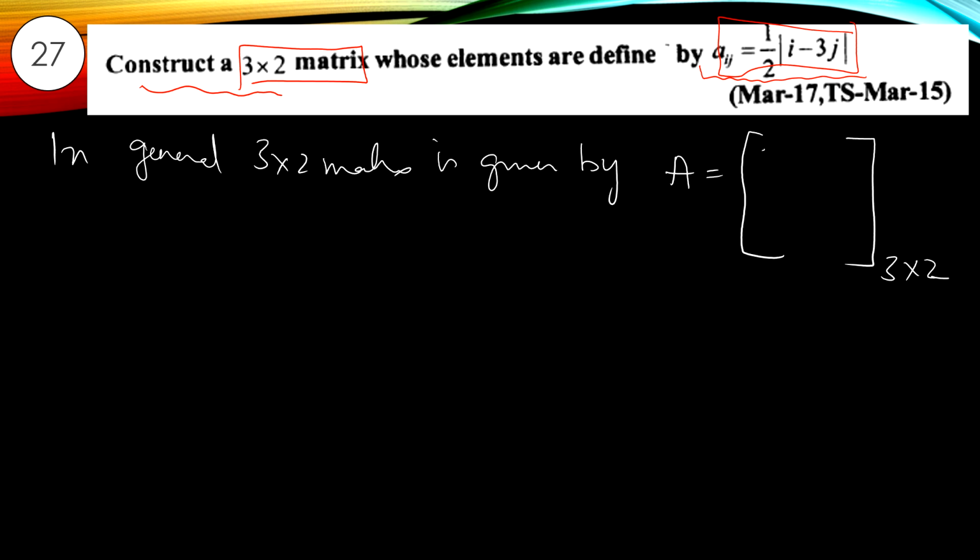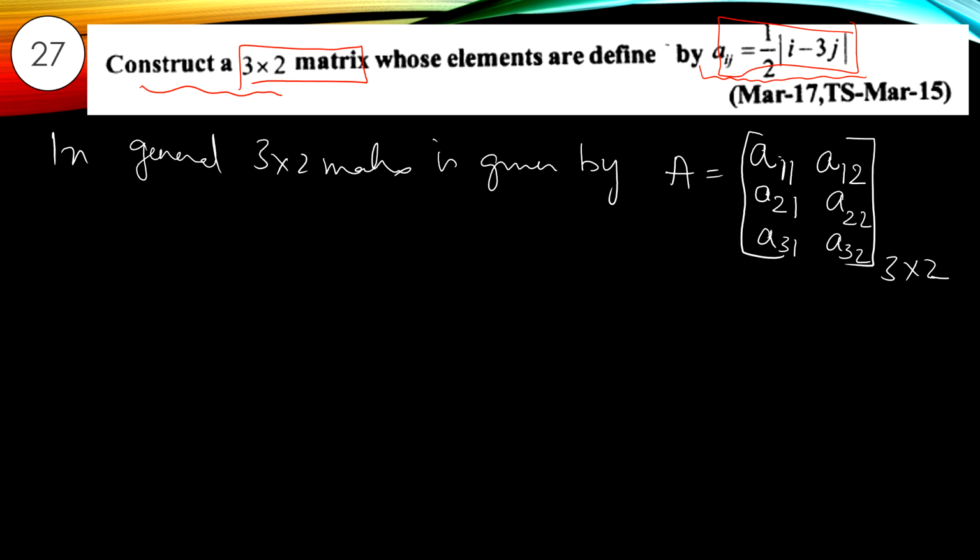So instead of Aij, the first element I can call the first row, first element, A11. The first row, second element is A12. And here it's the second row with the first element, A21. This is the second row with the second element, A22, and this is the third row with the first element, A31, and this is the third row with the second element, A32.